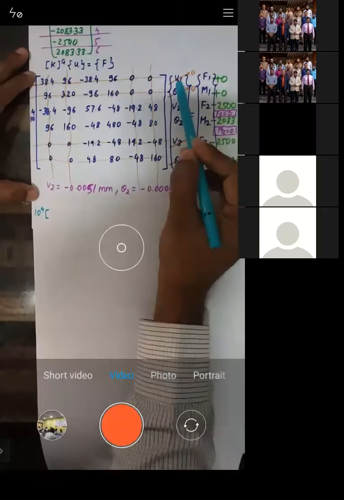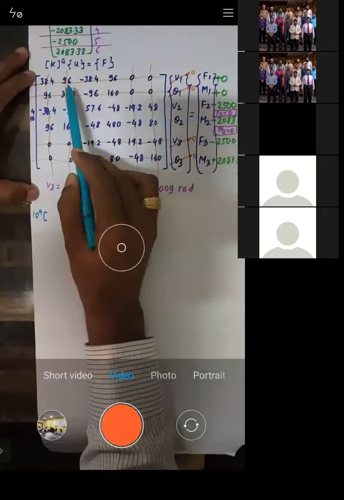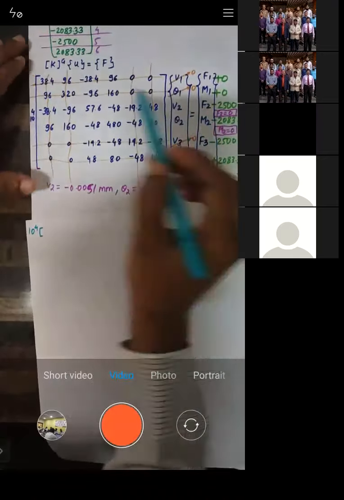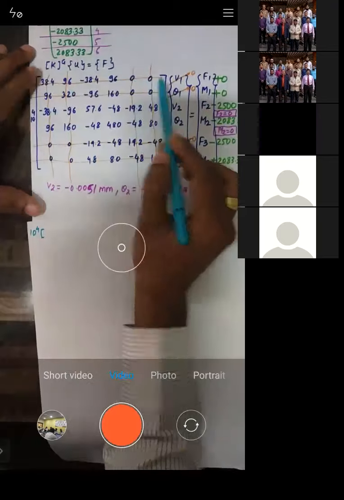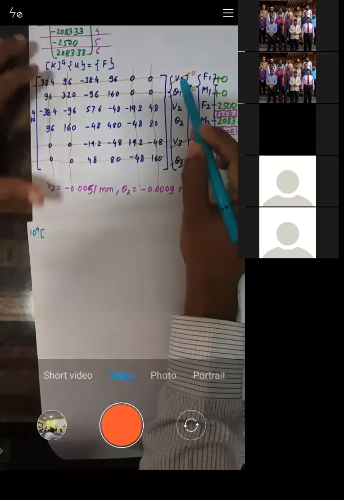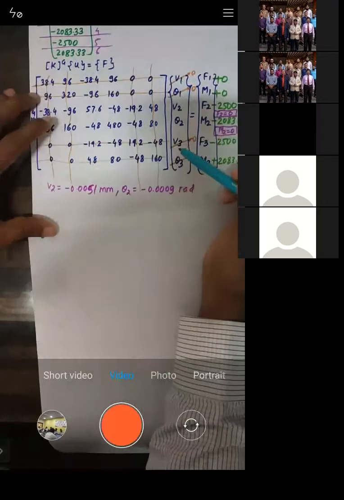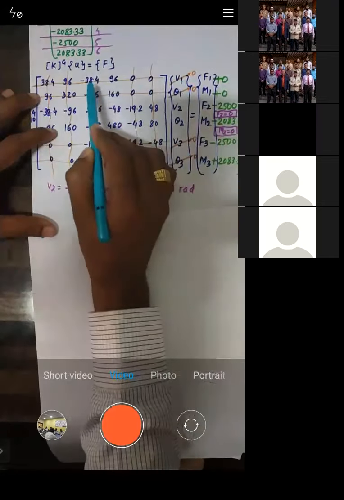When you do this, the initial two terms are 0 and the last two terms are 0, so there is no need to multiply them. You need to focus only on these middle two terms.